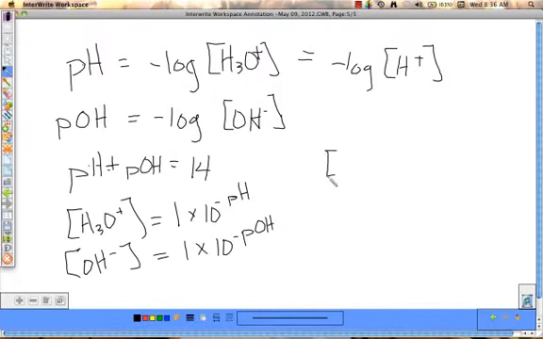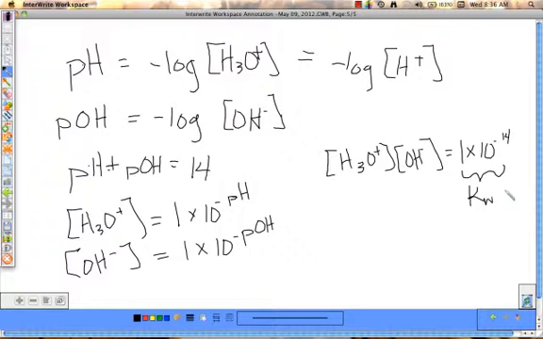And then what does the product of those two concentrations equal? That value is called Kw, the ion product constant of water.